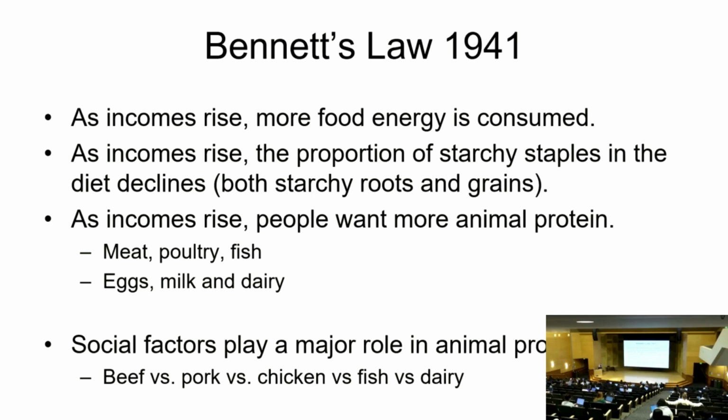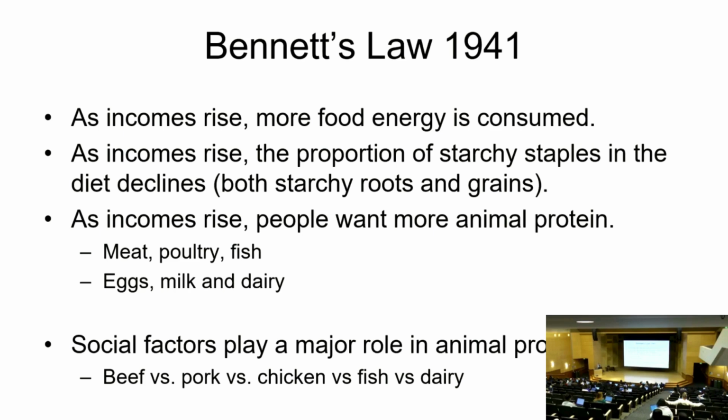To begin with, they eat more calories because their diets were inadequate in calories, but then later on what they do is they eat more expensive calories. The amount of calories stays the same, but the composition of the diet structure changes completely, and you have more animal proteins coming in, and so starchy roots and grains disappear, and people eat meat, poultry, fish, eggs, and dairy.